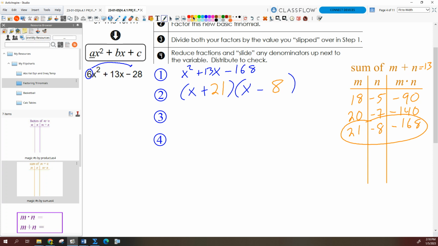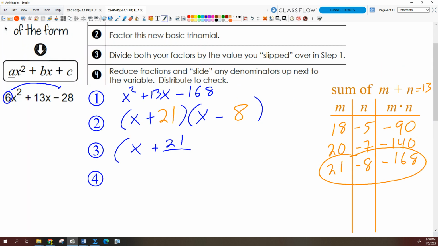By the factors, we mean the magic numbers. So the next step is going to look like this. x plus 21 divided by what? Yeah, by 6, right? Because that was our number that we slipped. That was a. So x plus 21 over 6 times x minus 8 over 6.